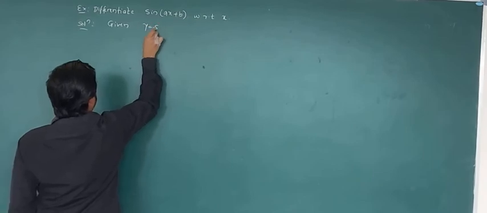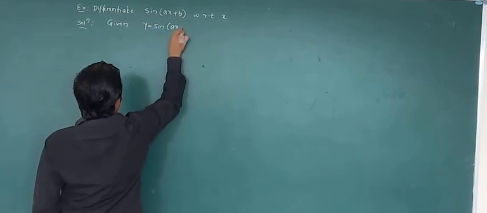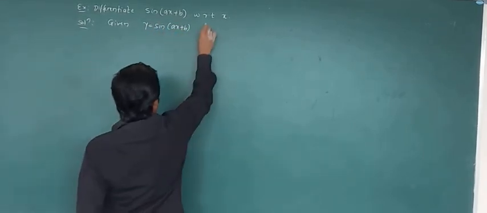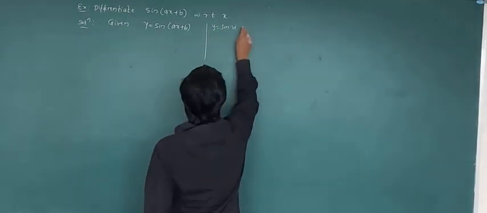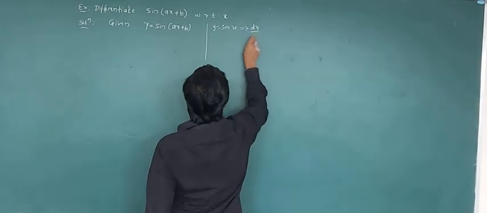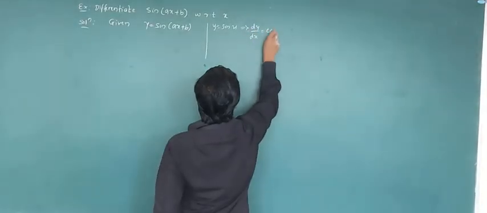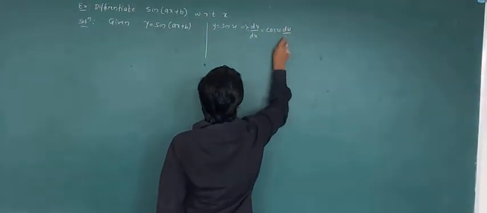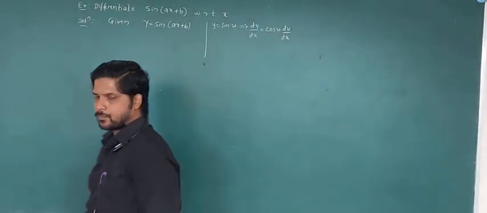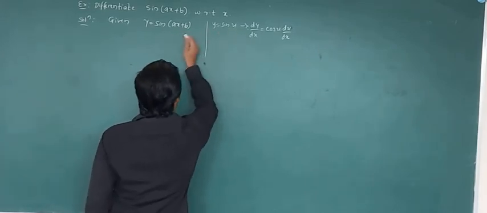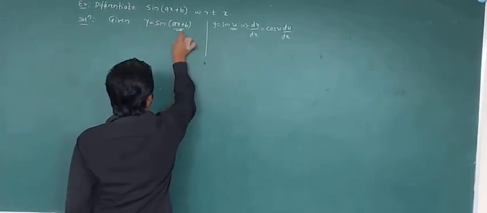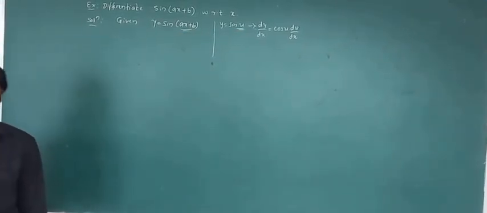So consider given y is equal to sine of ax plus b, and we know that if y is equal to sine u, then dy by dx is equal to cos u into du by dx. This is a formula. So comparing these two, we have in place of u we have ax plus b.